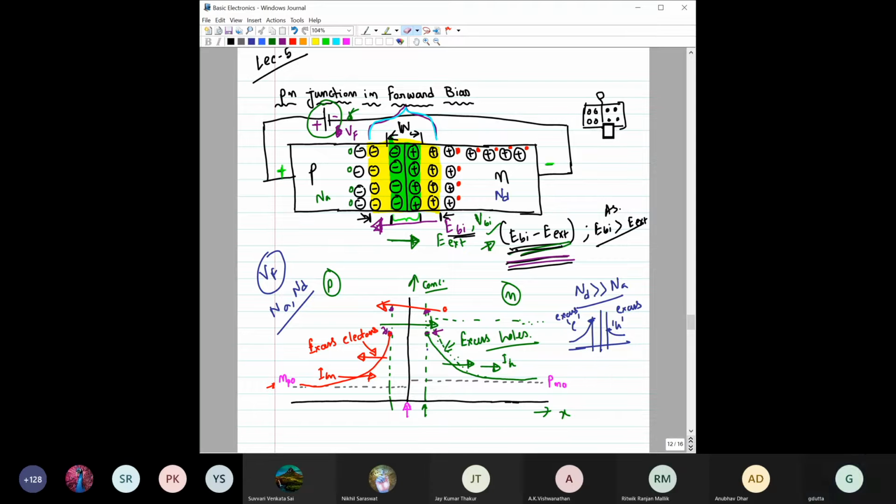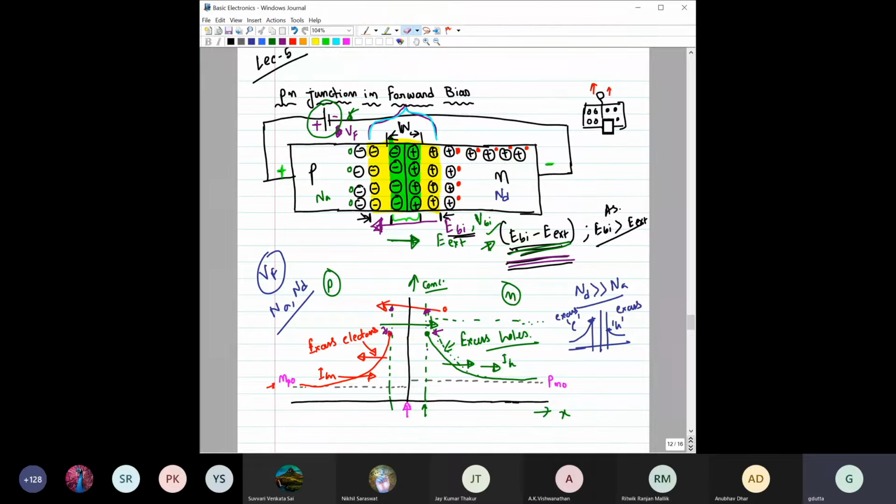Then what will happen if you apply a small voltage? Say you have pulled it a little bit up and have this much gap. Some electrons can move through this gap from this side to this side, and some holes can move from this side to this side. Now you have pulled it a little bit more.